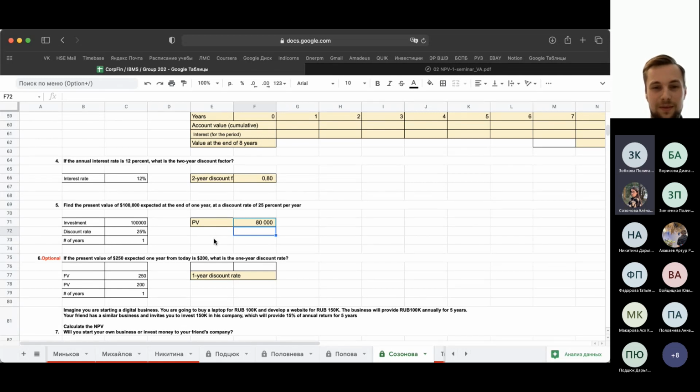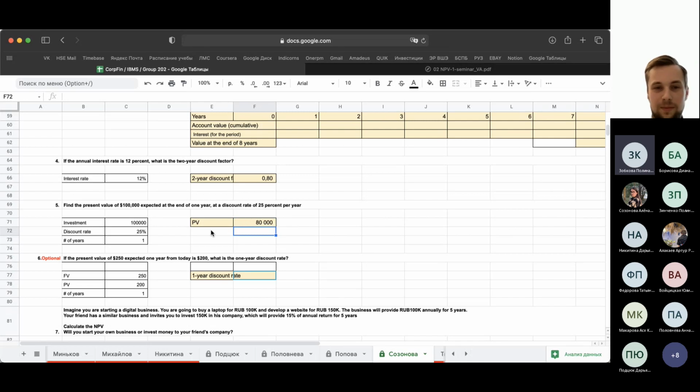We can use it to value how much we should invest to get some particular number in the future. Absolutely. So if you invest $80,000 today, you are going to have $100,000 in the future. So this $100,000 is the future value of this $80,000.